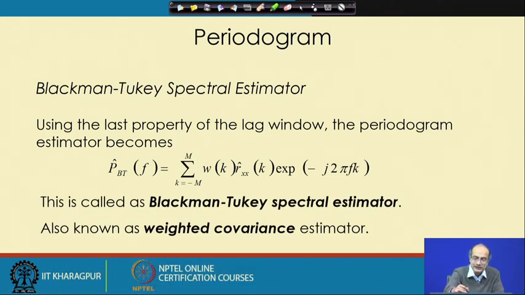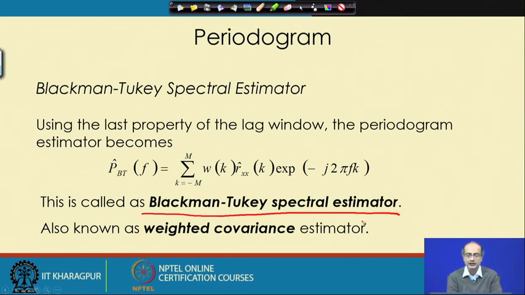And this is what is called the Blackman-Tukey spectral estimator. This is what they proposed. There is also another term, it is called the weighted covariance estimator, because they have suggested a weight for the autocorrelation function. Okay. So, this was the proposition of Blackman-Tukey, and we will stop here for this session. Thank you.